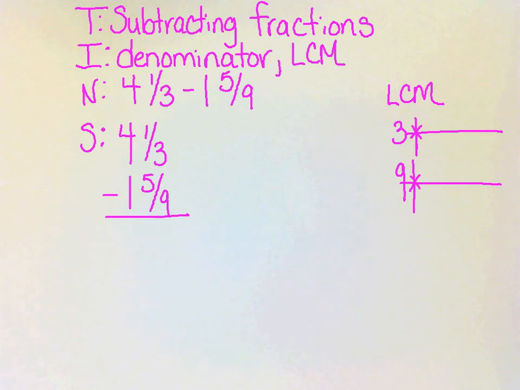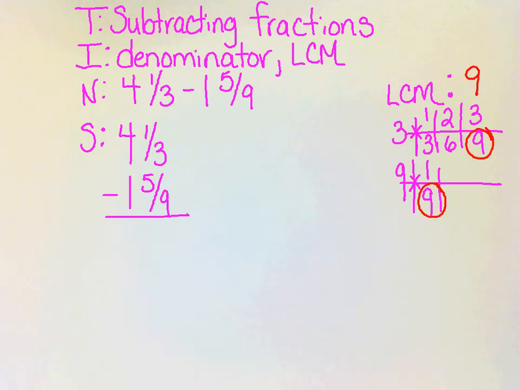But just in case everybody doesn't, let's still go through the process. So 1 times 3 is 3, 2 times 3 is 6, and 3 times 3 is 9. And you have 1 times 9 is 9. So my LCM, I'm going to circle in red, least common multiple is 9. So I will put 9 here.